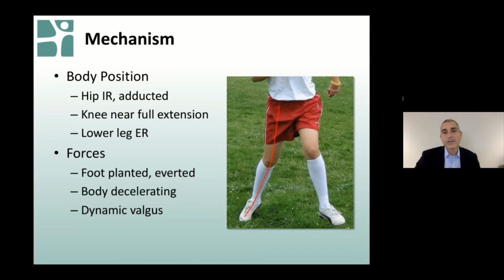The forces that are exerted on the ACL occur because the foot is planted and again rotated outwards, and the body is rapidly decelerating or slowing down. This exerts what we call dynamic valgus to the knee. You can see here that the knee wants to buckle inwards and rotate. This dangerous dynamic valgus force is what most often causes a non-contact ACL tear.